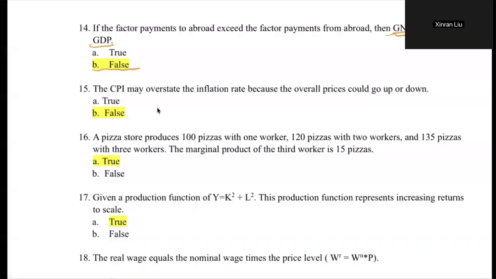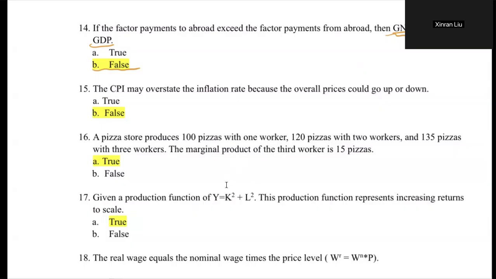15, CPI may overstate the inflation rate because the overall prices could go up or go down. So actually, why is this false? Because the real reason is not about the price.